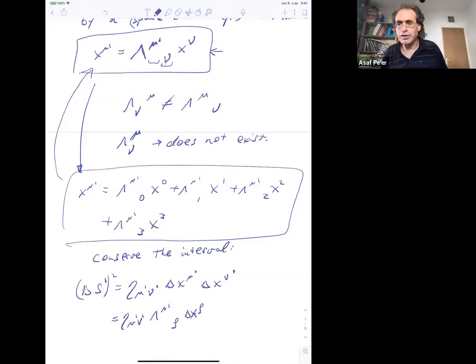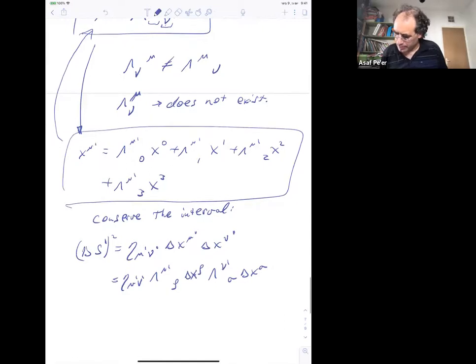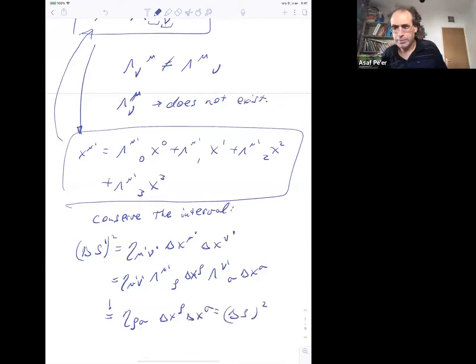Since I'm summing over it anyway, it's the same. And then I have lambda nu prime sigma delta x sigma. This, of course, needs to be equal to eta rho sigma delta x rho delta x sigma, which is just the interval as measured in the O frame.